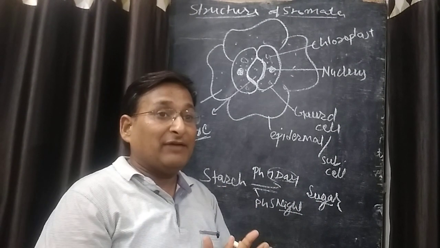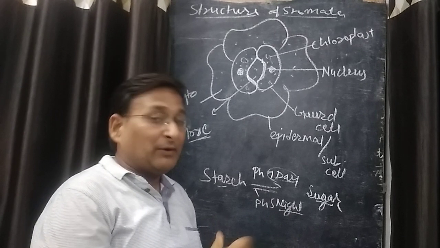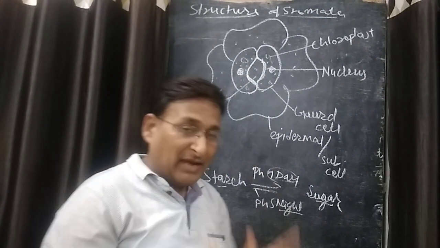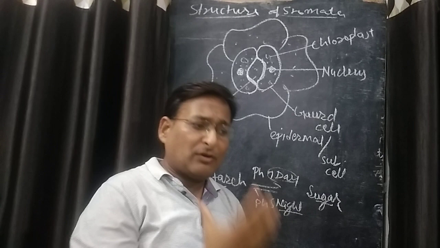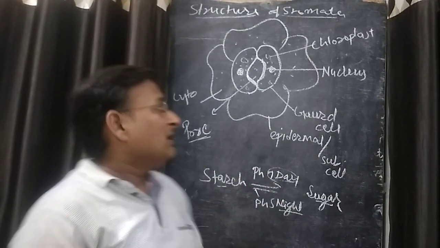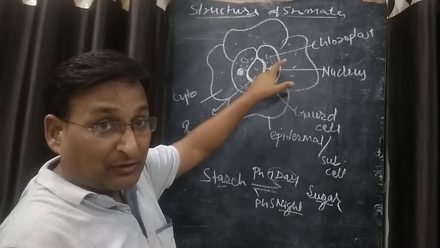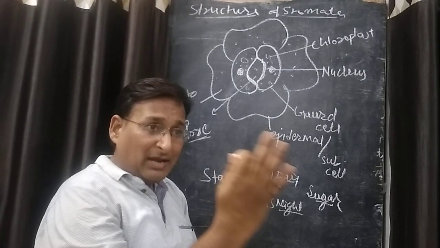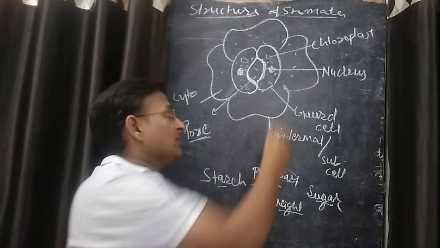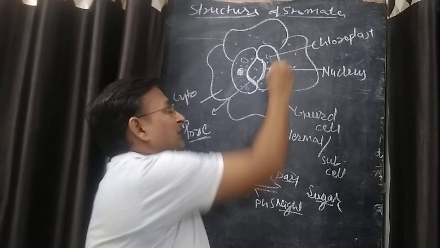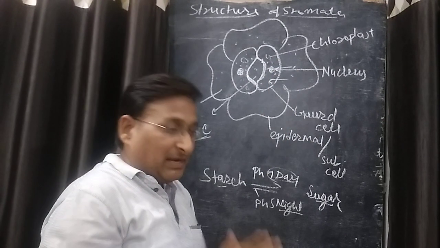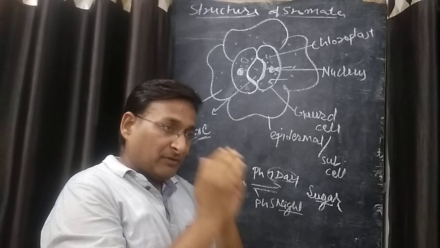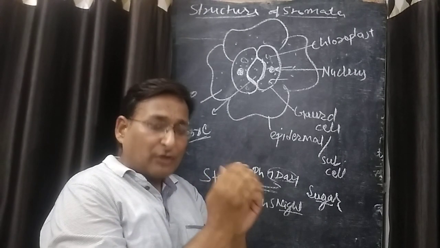You know very well sugar is osmotic, so it dissolves in the cytoplasm and increases the osmotic pressure of the guard cell. Due to this, endosmosis occurs. So water comes into the guard cell and it becomes turgid.